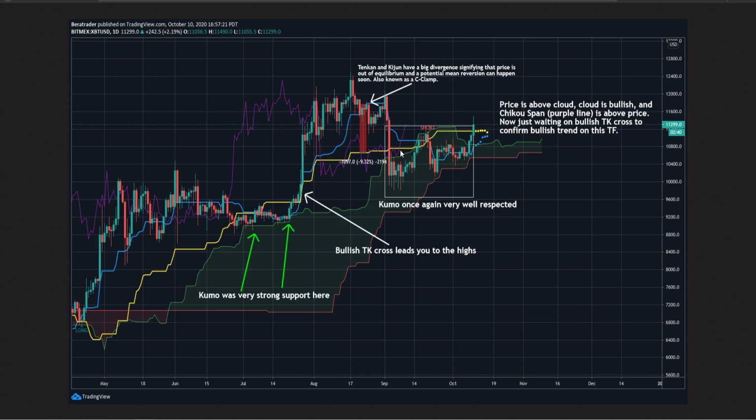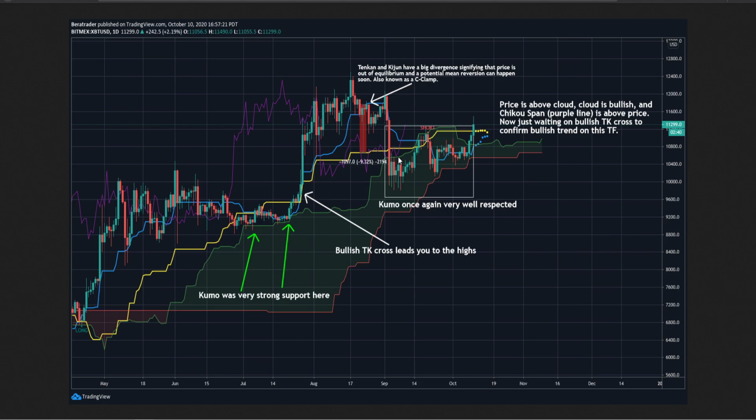So this Kumo, the cloud, is really important to monitor as price is near it, because over here you can see it was really strong support, that it held price up really nicely before you had another impulsive move to the upside. And you can see here that once you lost the cloud, it became really strong resistance.